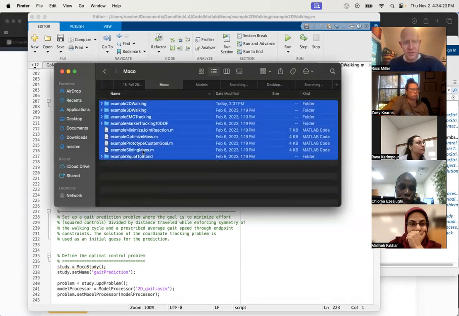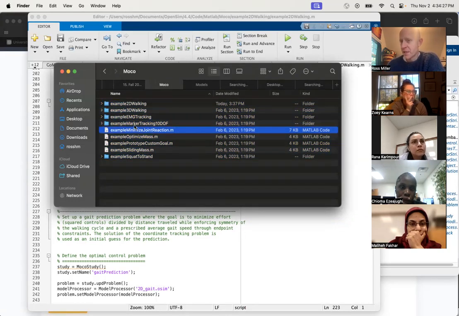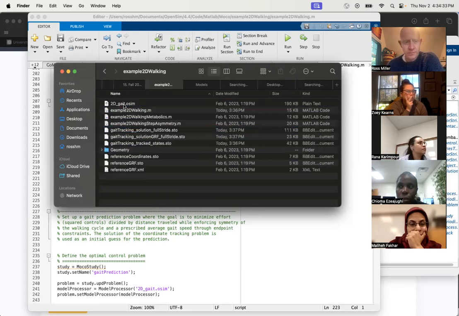And in here is a bunch of examples of doing basic things in Moco. We're going to start with the simplest one here, which is this example 2D walking. And then let's open that up in Moco. They have 3 different examples here. There's example 2D walking, and that's the one we'll start with.